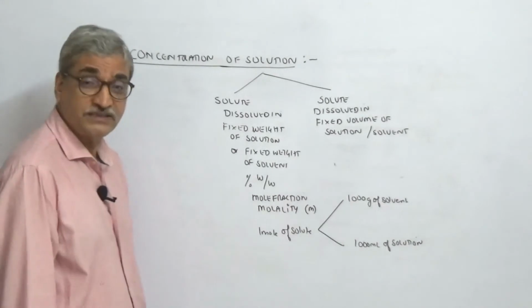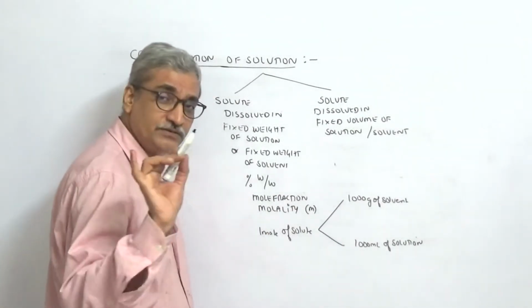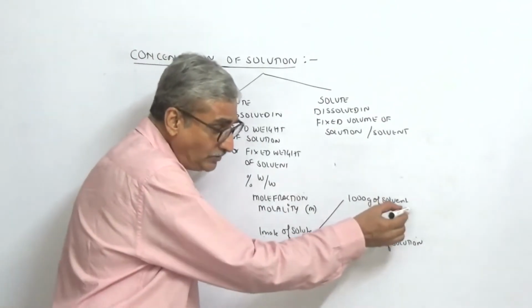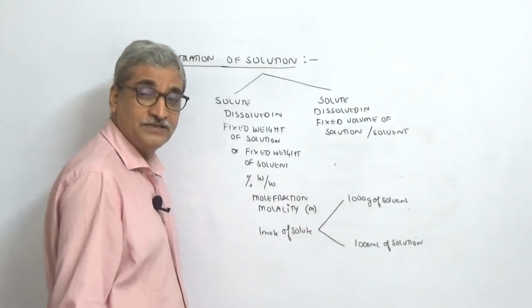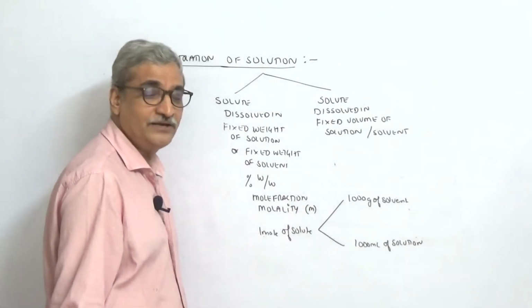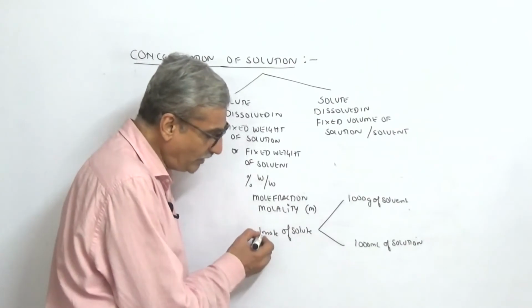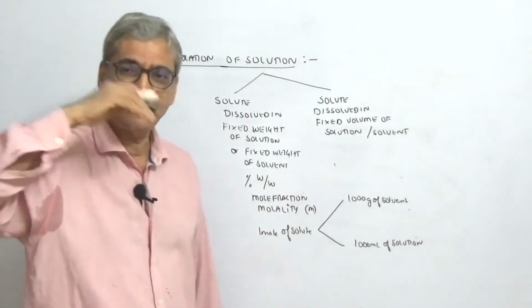What is the difference? See here what happens: the amount of solute is fixed, and the weight of solvent is fixed. So this is weight by weight. If there is a temperature increase now, the value of the concentration term will not change. But imagine you took 1 mole of solute and made up the volume to 1000 ml.